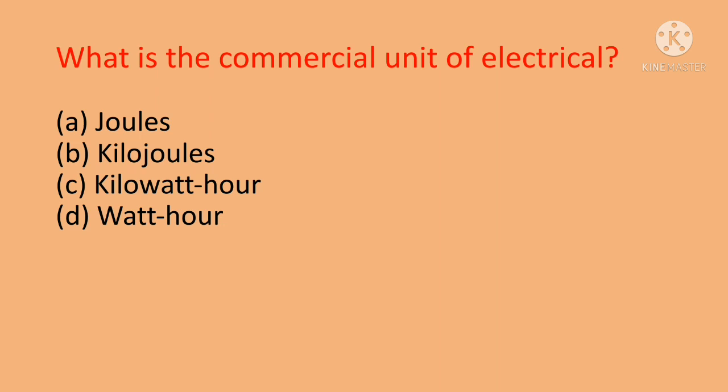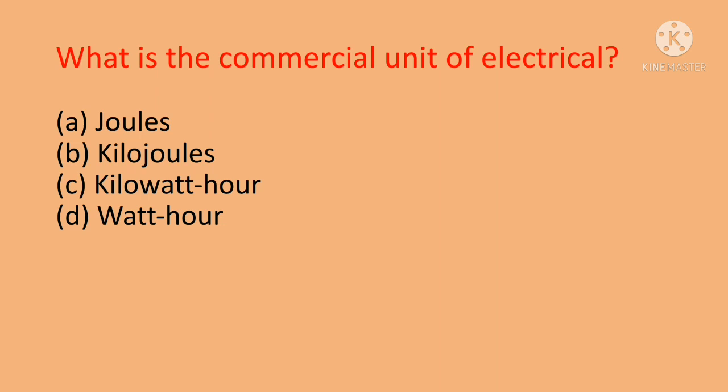Options are given like this: option A joules, option B kilojoules, option C kilowatt hour, option D watt hour. Of course joule measures energy. Kilojoule is bigger than the joules. Watt measures power.